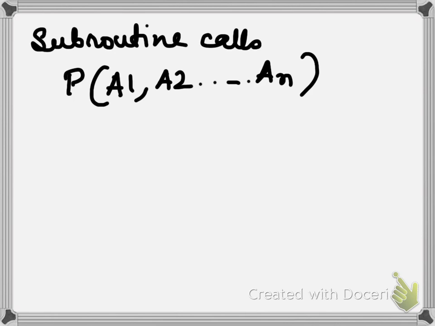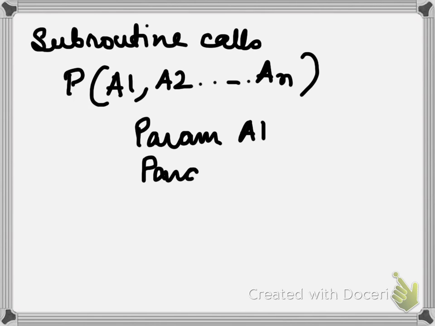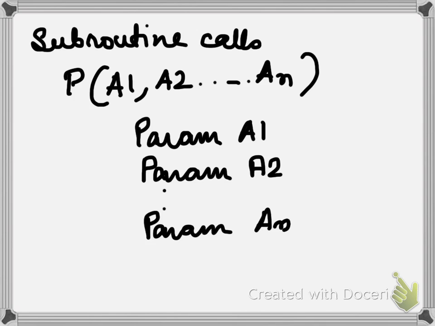In the form of three address statements this would be like this: param a1, which indicates that a1 is a parameter, param a2, all the parameters up to an, then call p, n, with the previous n parameters.